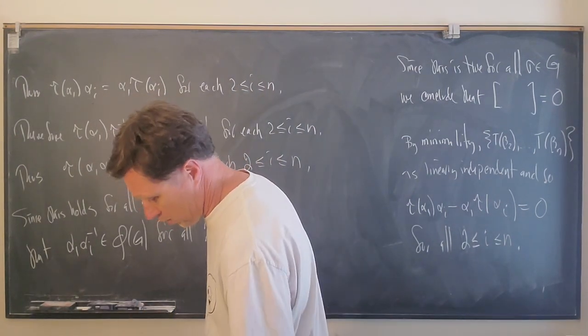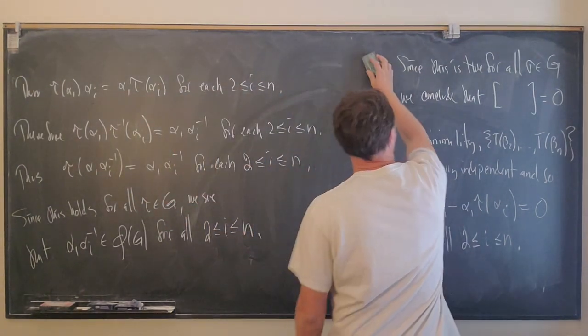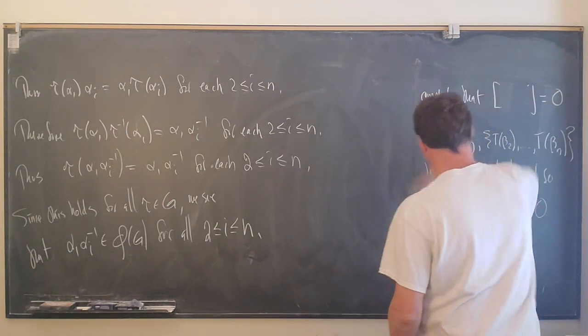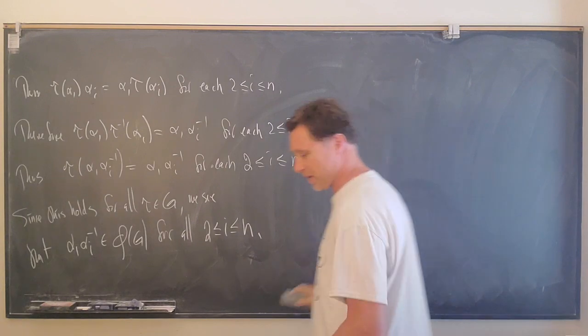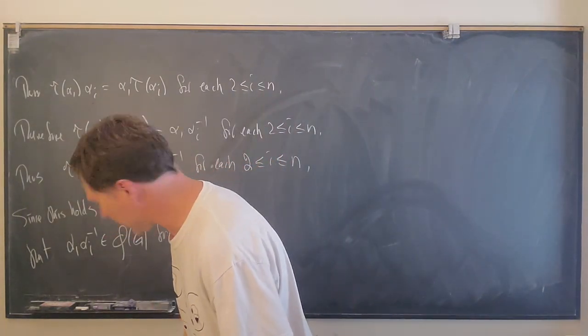Okay, so now I'm going to multiply star. So we're going back to star, and I'll multiply it by alpha 1 inverse.